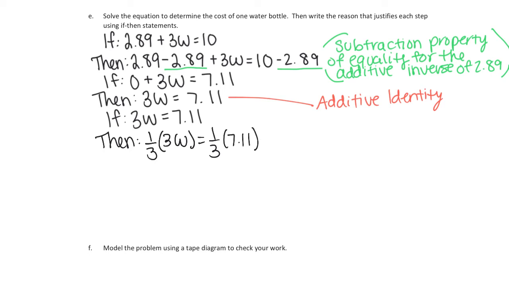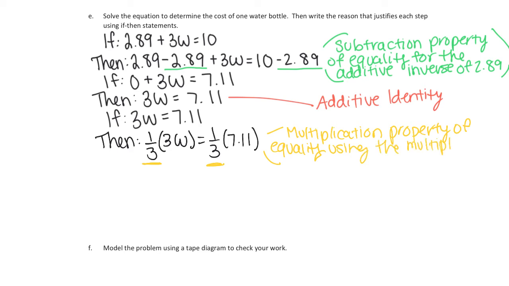Remember, what we have to do to one side, we do to the other. And this part, again, is the multiplication property of equality using the multiplicative inverse of 3.